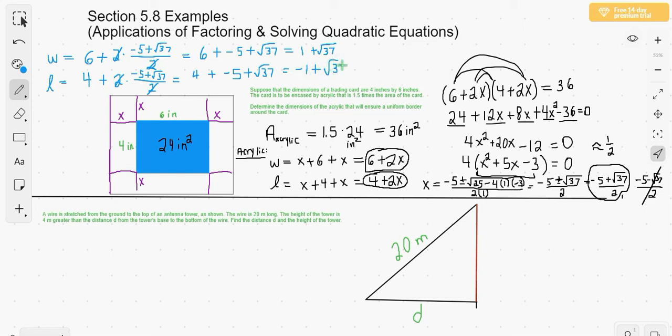Notice this is still a positive number. Both of these, the width and the length, are still both positive numbers. So these are the dimensions. We have a 1 plus root 37 width and a negative 1 plus root 37 length. Just for some approximate values, this is about 7.1, let's say, and this is about 5.1.